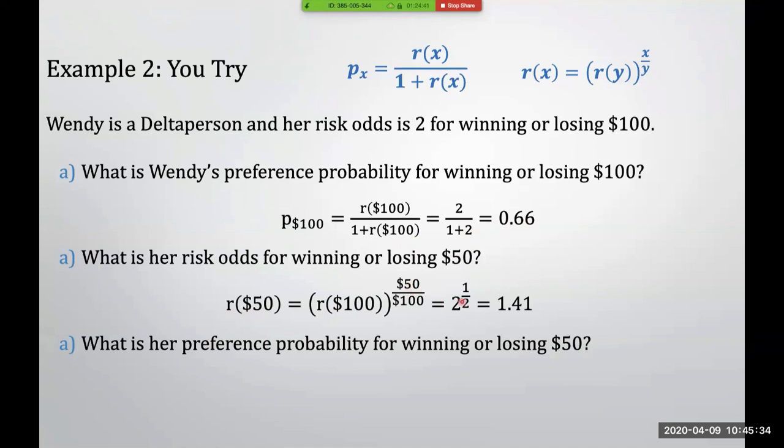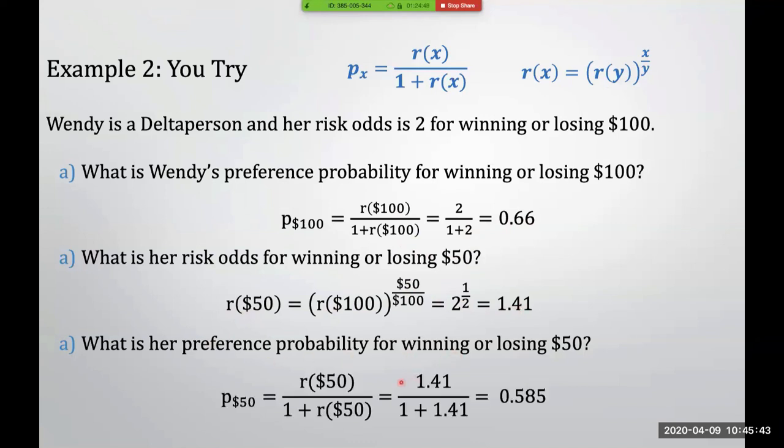That is the square root of 2, which is 1.41. Now the preference probability for winning or losing $50 is just the risk odds for $50 over 1 plus that risk odds, which is 58.5%.